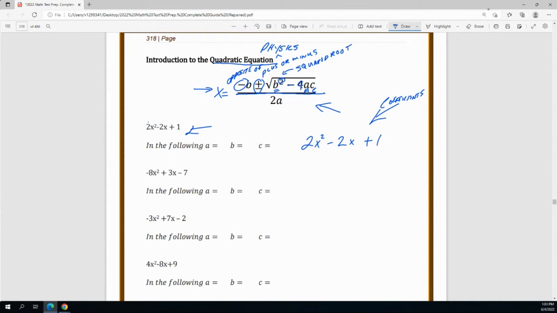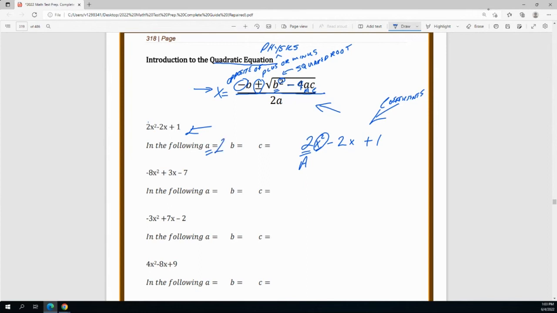So let's point them out. The A is coming from the coefficient where the x squared is located. What's the coefficient? It's a 2. So the A is a 2.